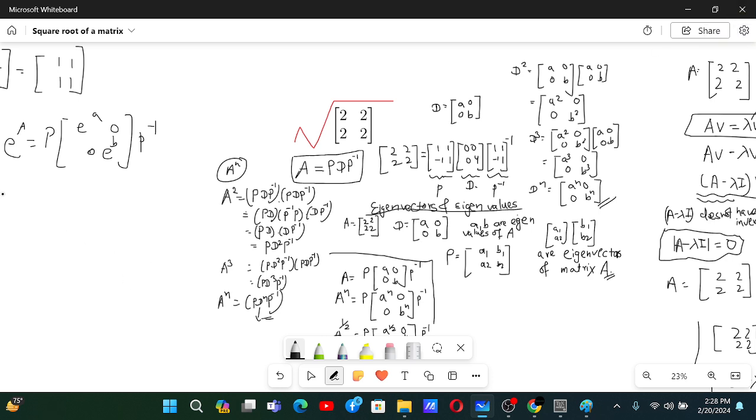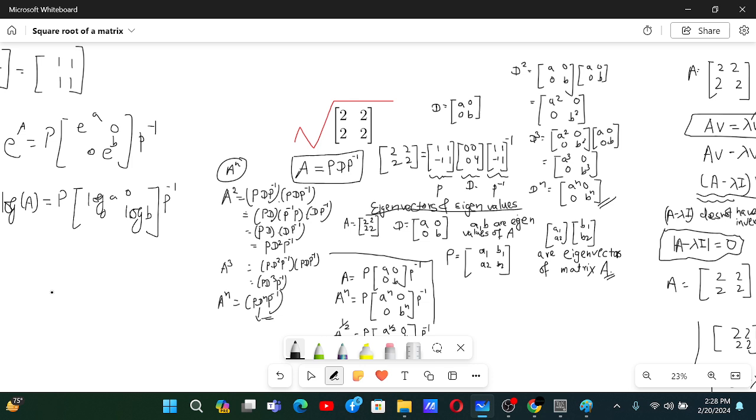If you want to take the log of A, the proofs are also easier, based on the same approach. So log of A is [log a, 0; 0, log b], and these things are really wow, because you can raise a matrix to a power, take the log of a matrix, and also do matrix to matrix power, and root of matrix power. All of those are possible with this idea. All the videos are on my playlist, you can check them.